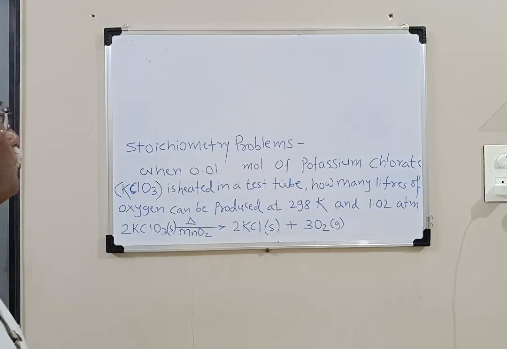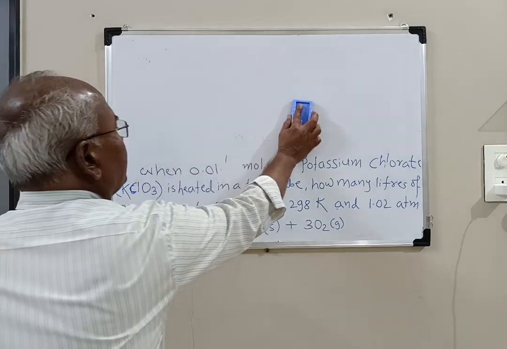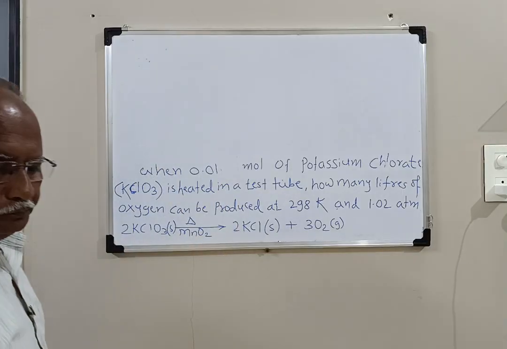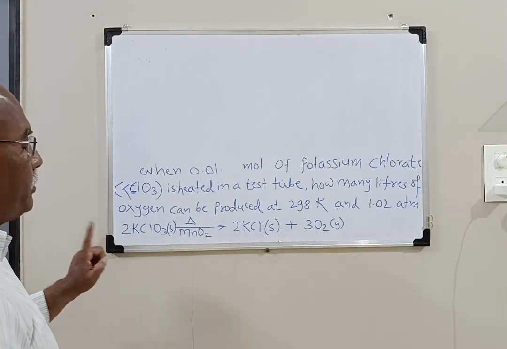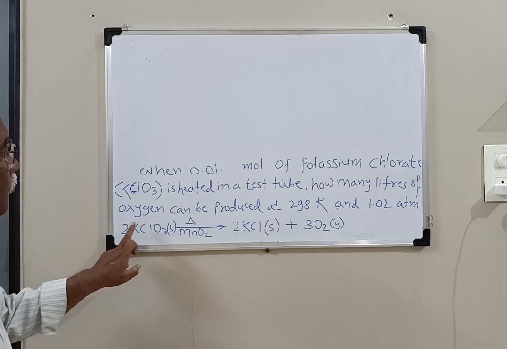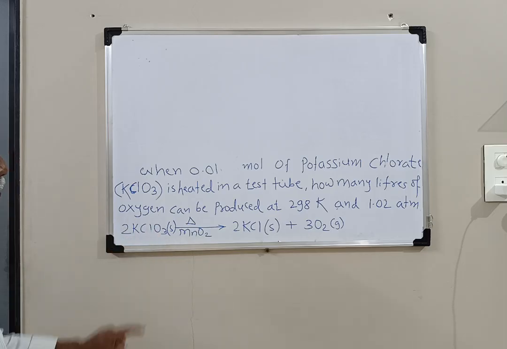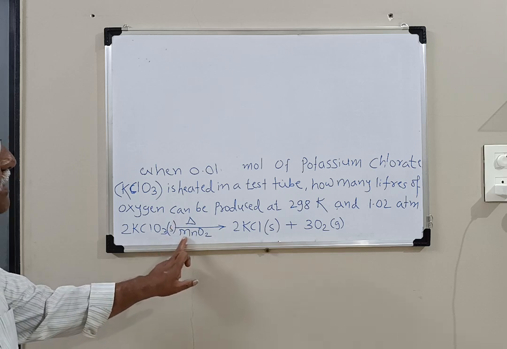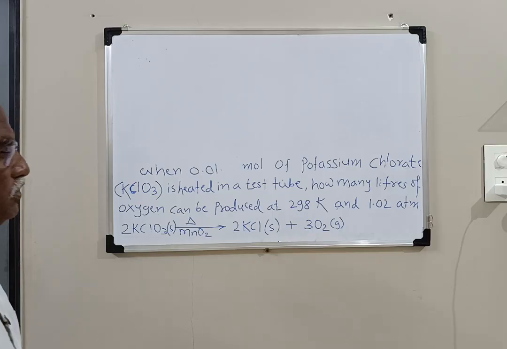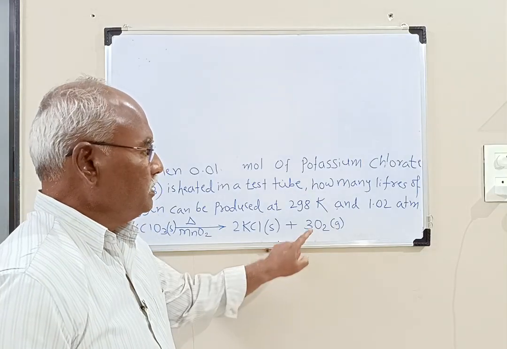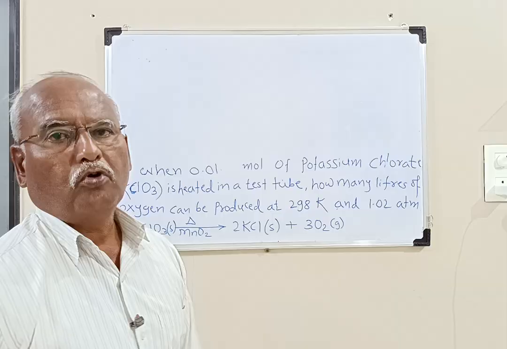I write first the solution. First write the given data. Whatever is given, you write there. The reaction is given in the problem: 2 moles of potassium chlorate when heated in the presence of manganese dioxide catalyst produces 2 moles of potassium chloride and 3 moles of O2, oxygen.